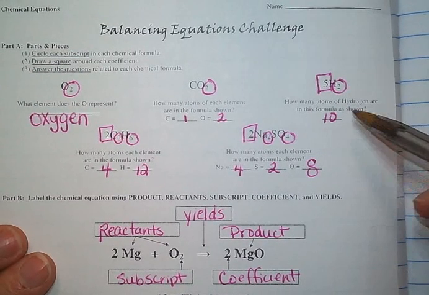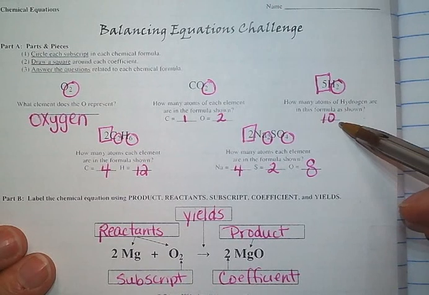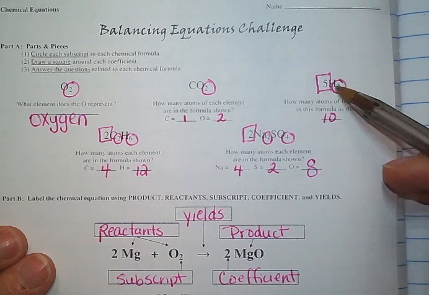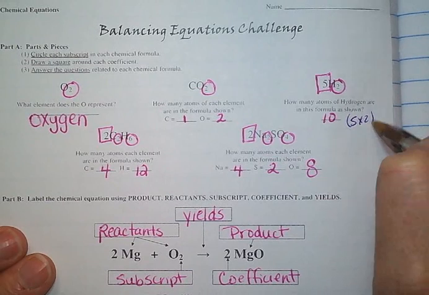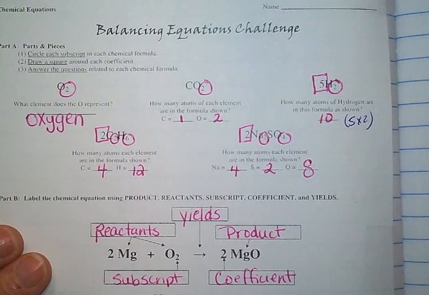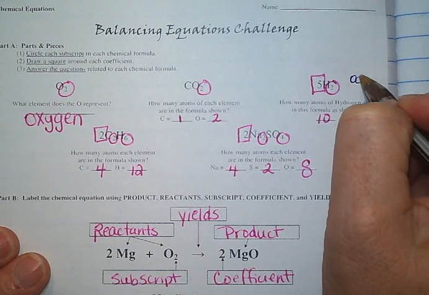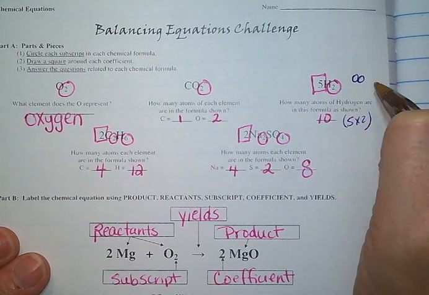So how many atoms of hydrogen are in this formula as shown? And it's 10, because what you have to do is take the 5 times the 2. 5 times 2 gives me 10. My coefficient times my subscript. If you think about what this was yesterday when we were doing the PhET simulation, every time you change the coefficient, remember you could not change hydrogen. That's what a hydrogen molecule would look like, 2 hydrogens together.